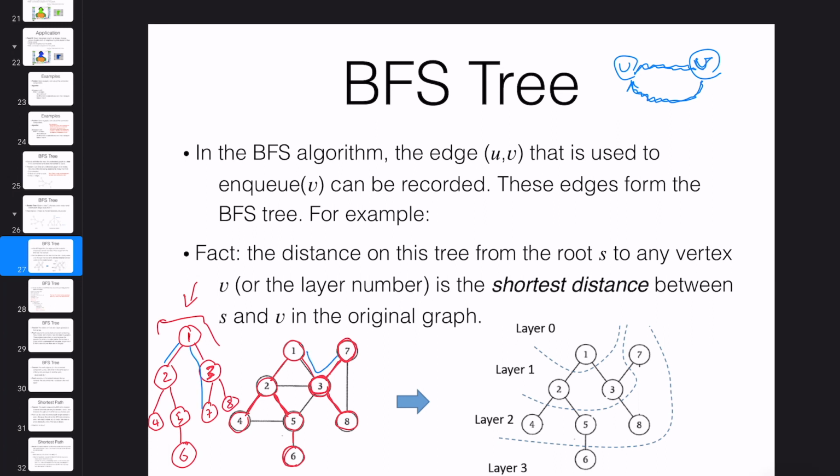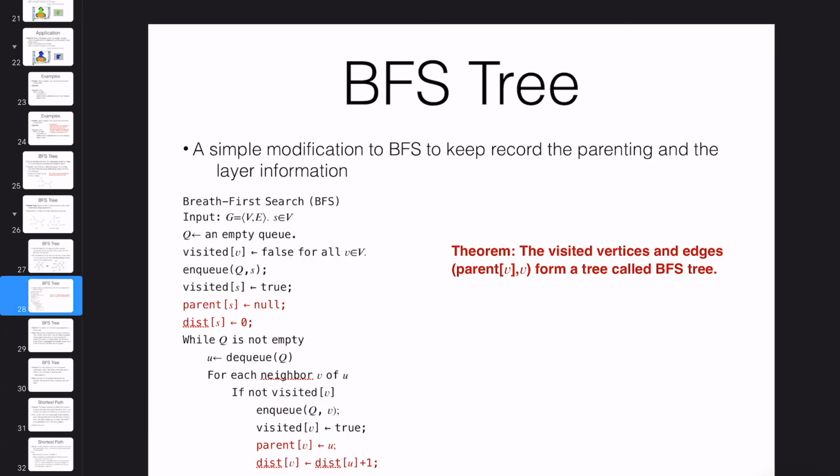The shortest path from 1 to 6 is going through 1, 2, 5, and 6. So this is going to be the shortest path from 1 to 6 in the original graph. Although there might actually be more than one shortest path, it gives you one of them. And this is very nice. If you run the BFS over one of the nodes in a graph, it gives you the shortest path from that node to all the other nodes in your graph.